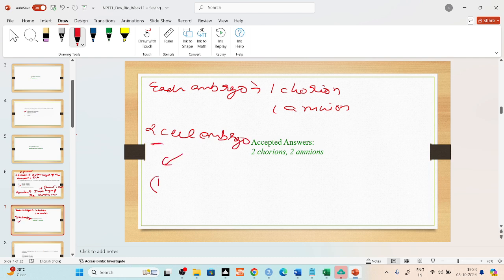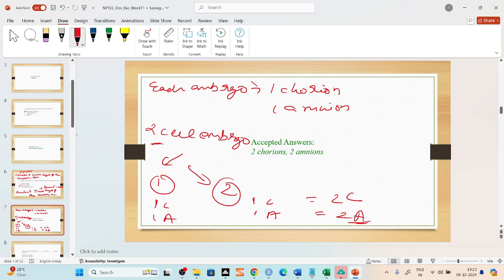So there is one embryo, there is another embryo. This embryo will have one chorion and one amnion, and this embryo will also have one chorion and one amnion. So total how many chorions will be there? Two chorions. And how many amnions? Two amnions. So I hope this question is clear to you.